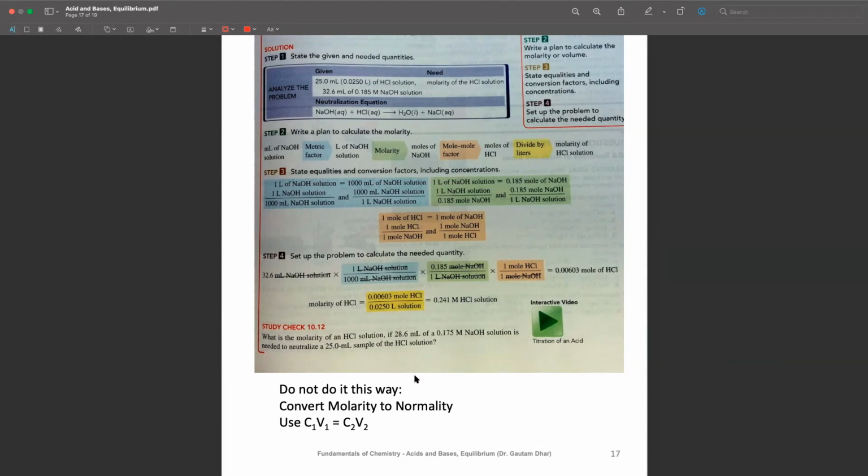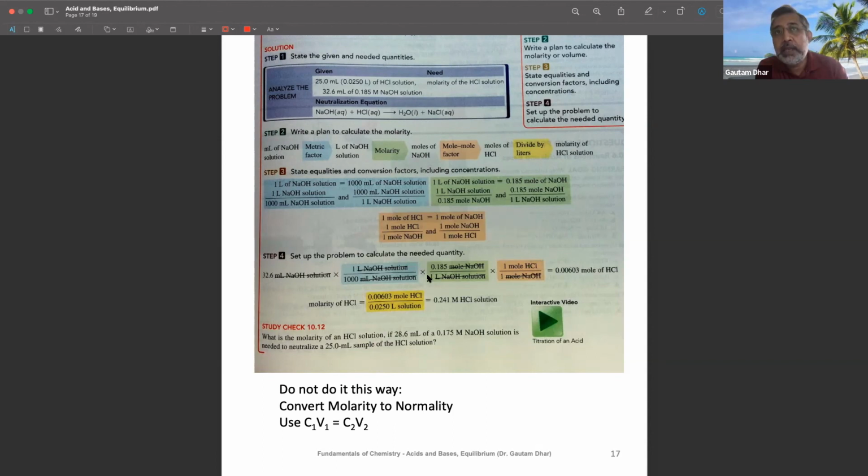Okay. So everybody try study check 10.12. Remember, this is your solution map. You are going to use the same solution map here. Liter of sodium hydroxide to moles of sodium hydroxide, to moles of HCl, and so you basically stop here.